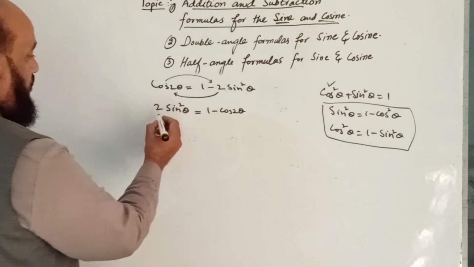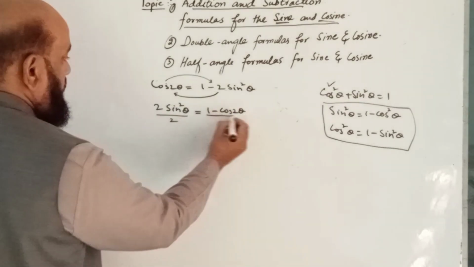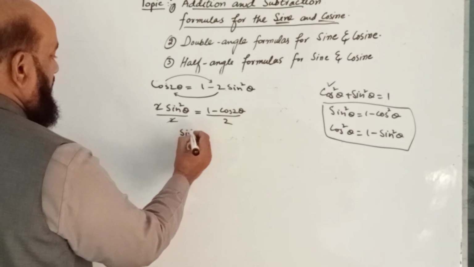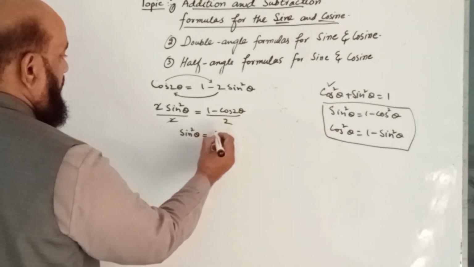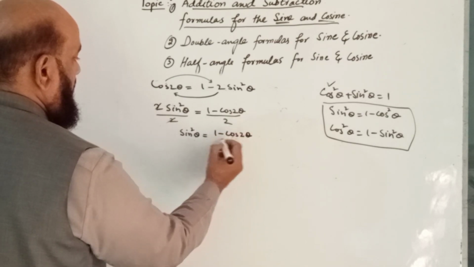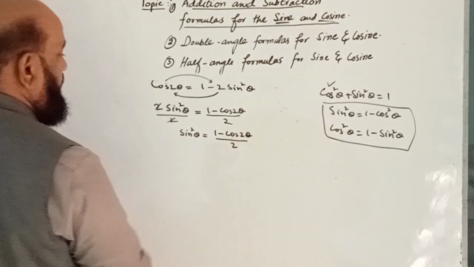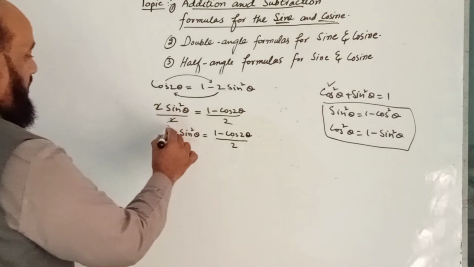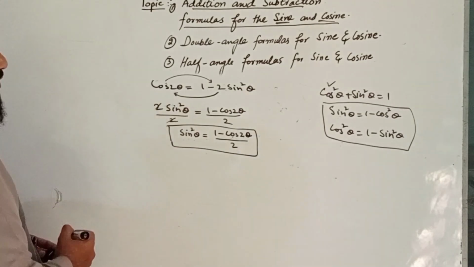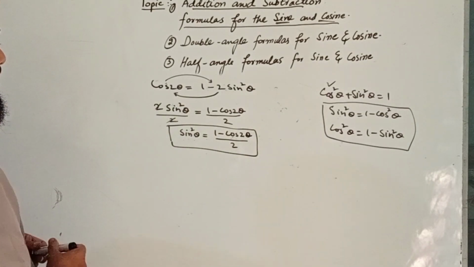Dividing both sides by 2, we get sine square theta is equal to 1 minus cos 2 theta by 2. This is also another important relation.